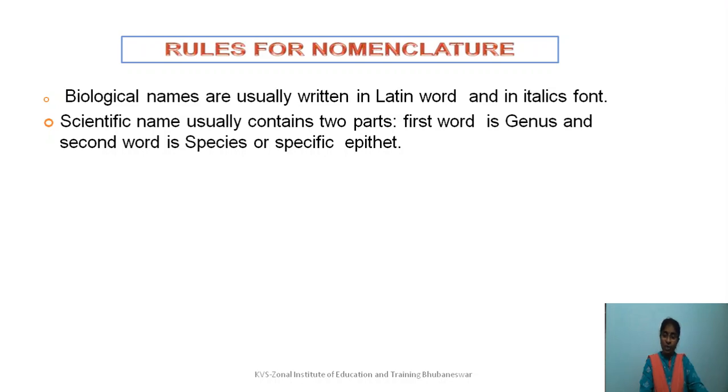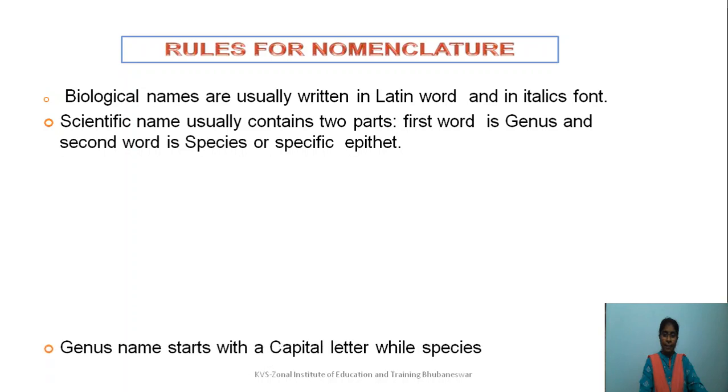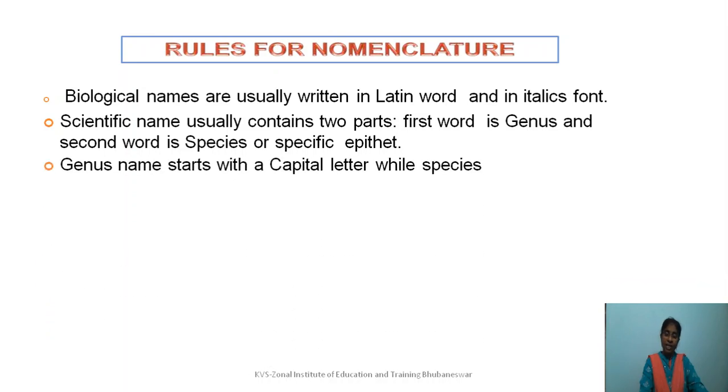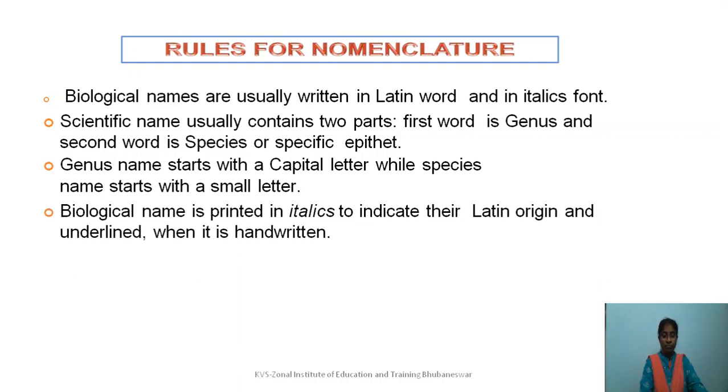The first word is the genus and the second word is the species, also called the specific epithet. Genus names start with a capital letter while species names start with a small letter. Biological names are printed in italics to indicate their Latin origin and underlined when handwritten.